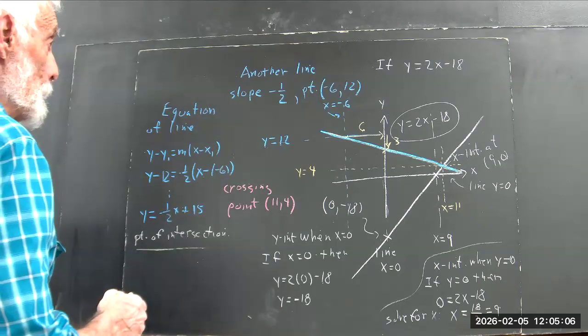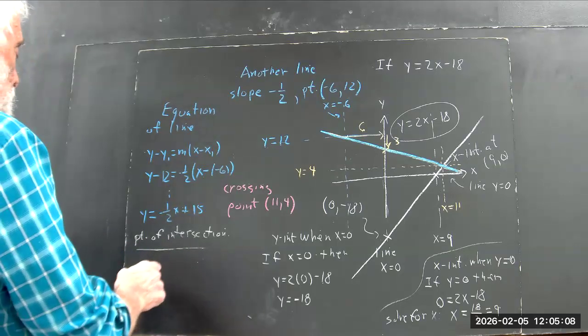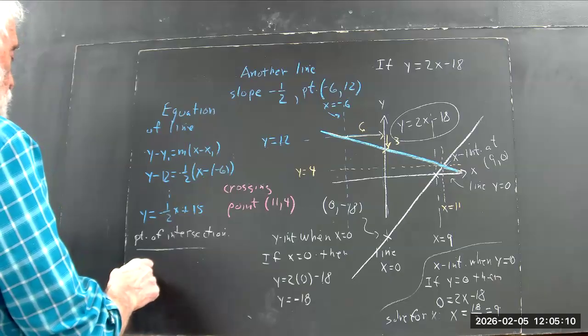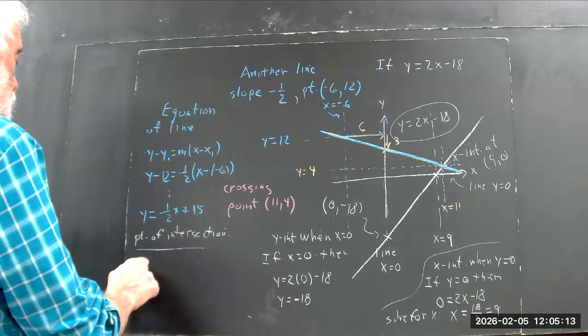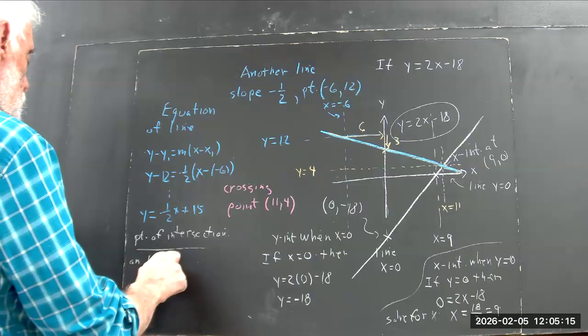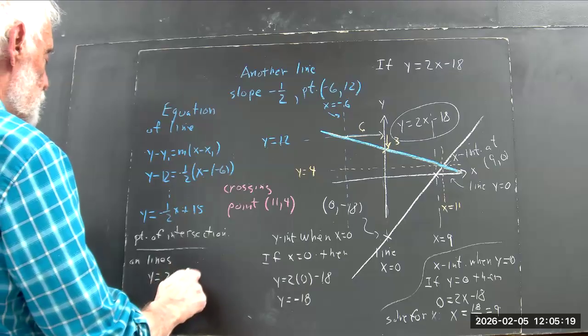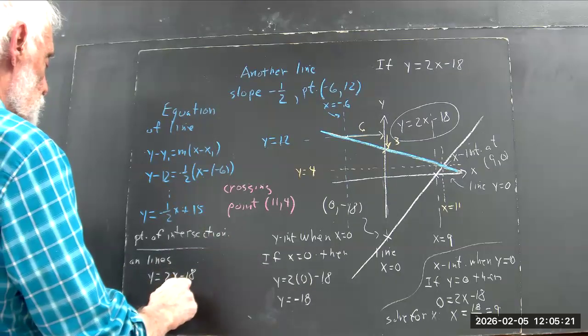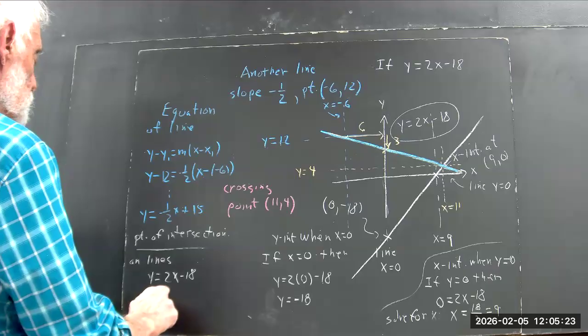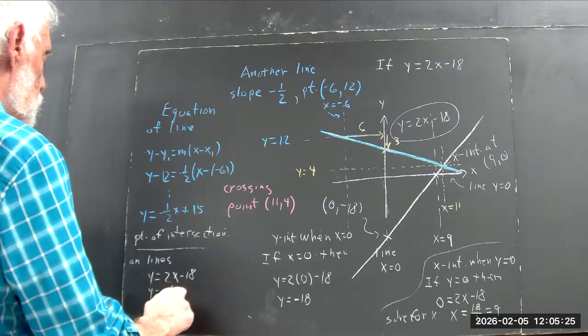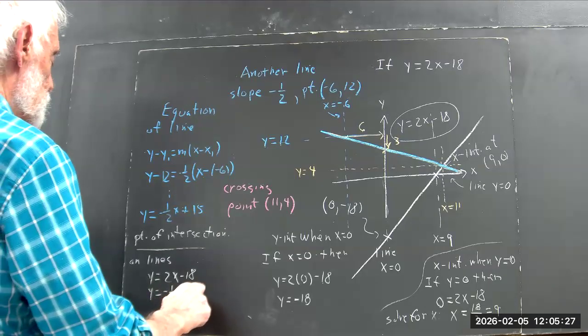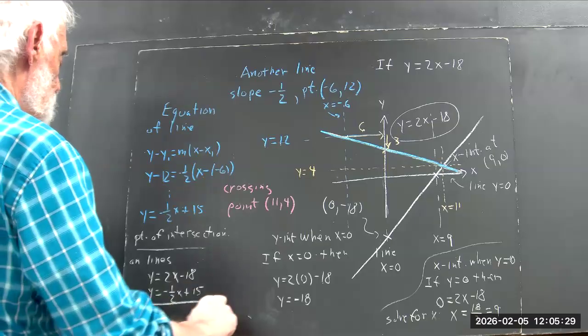Point of intersection is going to be on the lines y equals 2x minus 18. That's the equation of the first line. And y equals negative 1/2 x plus 15.